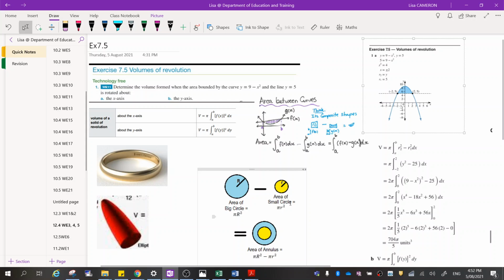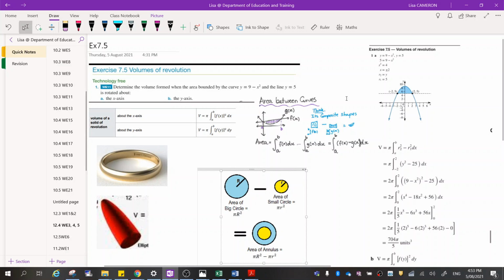Why does it work? So the first thing we're going to talk about is this picture here, which is called an annulus. An annulus is this blue exterior part that can be made up of the big circle, the blue one, minus the little one, which is the yellow one. Now, the formula for the annulus looks like this, where it's pi times the radius squared minus pi times the radius of the smaller one squared.